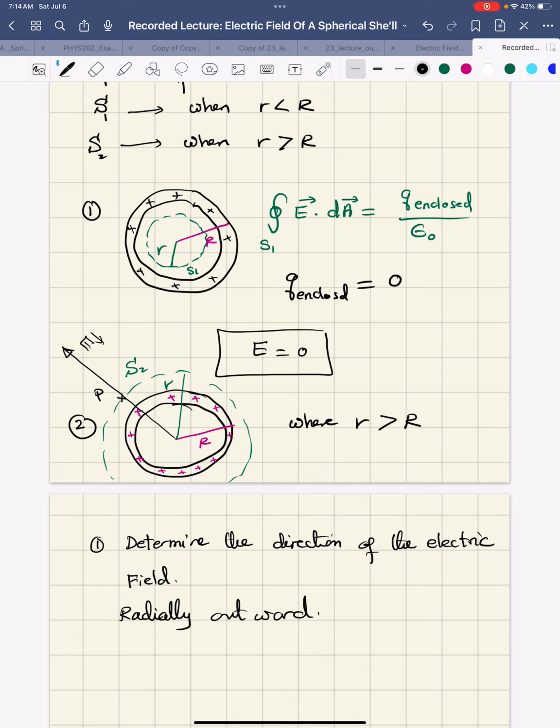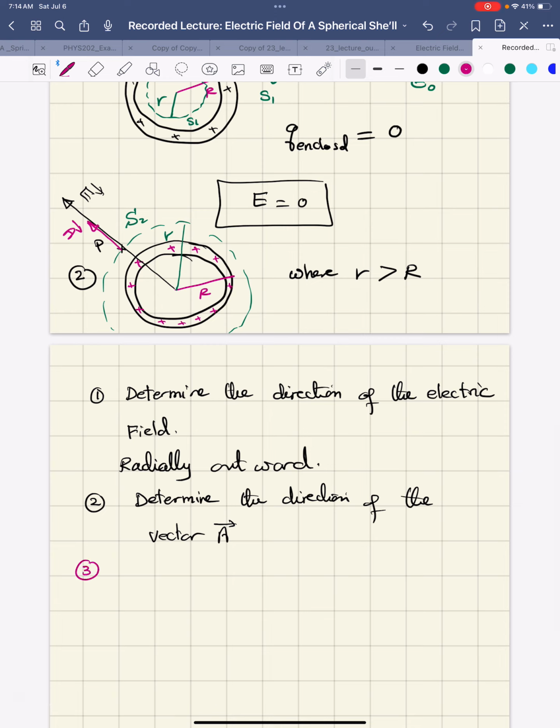The second thing is to determine the direction of the vector dA, which is the area vector. Remember, the area vector is always perpendicular to the surface. Therefore, this is the direction.